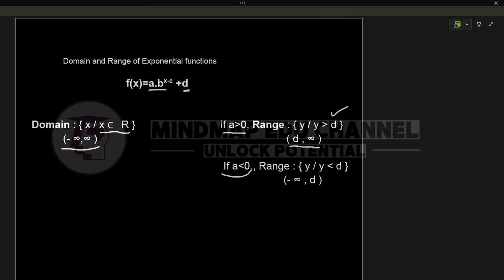If the value of a is less than 0, then the range is a set of y values such that y is less than d. And in interval notation, the range is from minus infinity up to d, where d is not included in the solution. These are the basic concepts to find the domain and range of exponential functions.